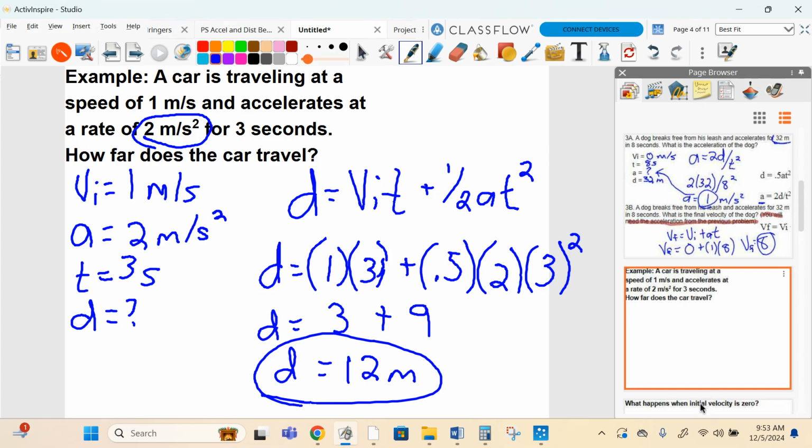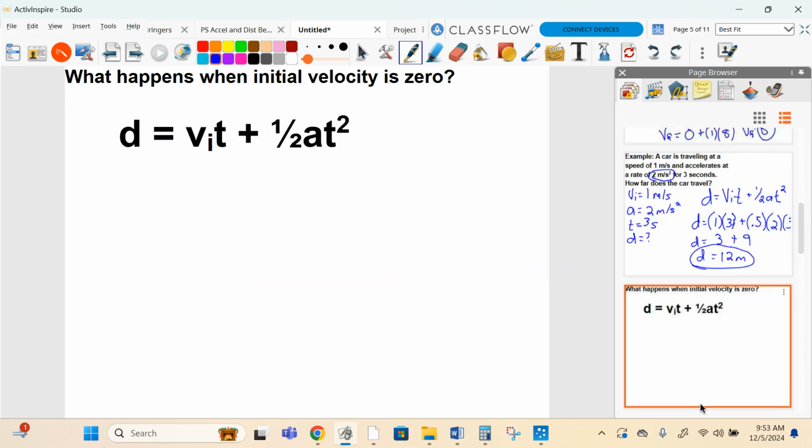Now, we don't always have an initial velocity. In fact, most of the time, you're not going to have an initial velocity. So what happens if we don't have one? Well, if I have 0 as my initial velocity, when I take 0 times the time, it doesn't matter what time I happen to have. This whole term is going to end up being 0, and that goes away.